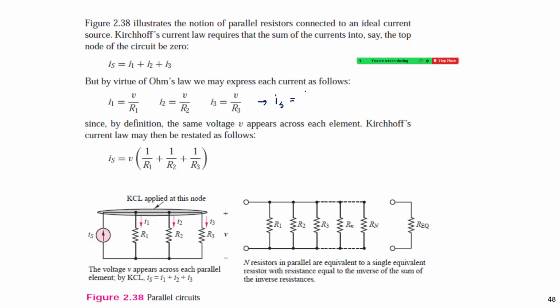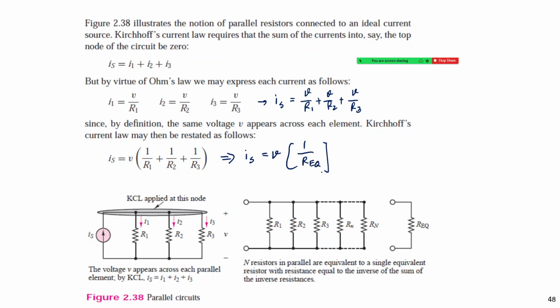Is is therefore V over R1 plus V over R2 plus V over R3. So you can get Is is V into 1 by R1 plus 1 by R2 plus 1 by R3, right? Here this is R total, so Is is V into 1 by R equivalent.